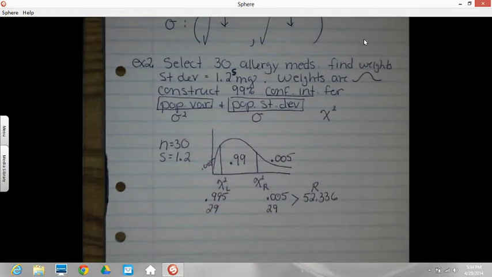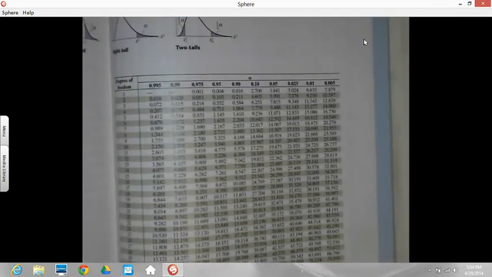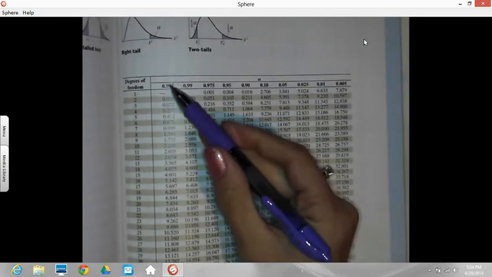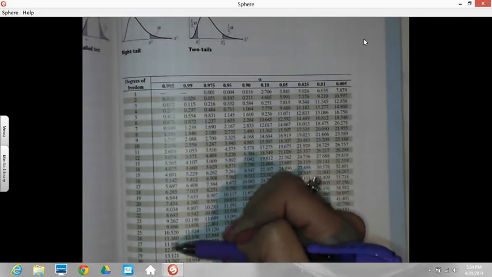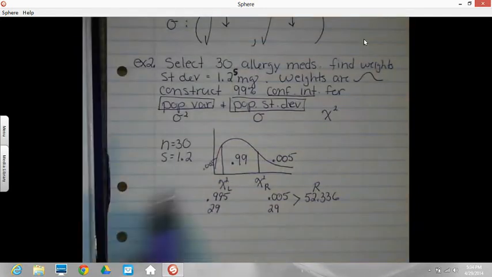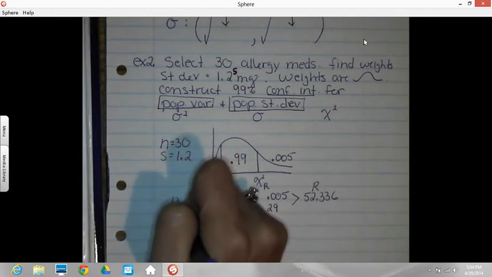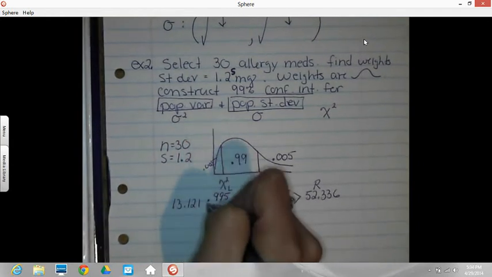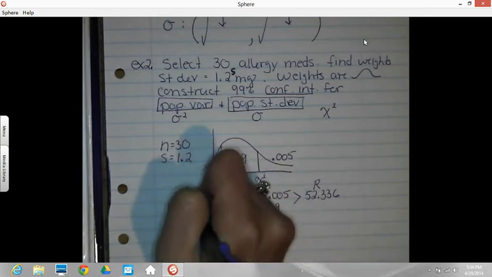So using your chi-squared table, 0.995, 29 degrees of freedom, 13.121. So 13.121 is my left value.